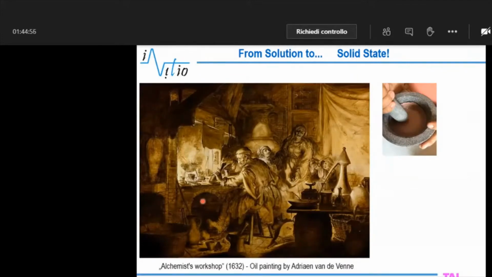So basically, solid state reactions, perhaps that's how the first chemical transformations were made, by grinding the solid reactants in an alchemist lab, like you can see in this nice drawing from the 17th century. So it's the foundation of modern chemistry, by the way.